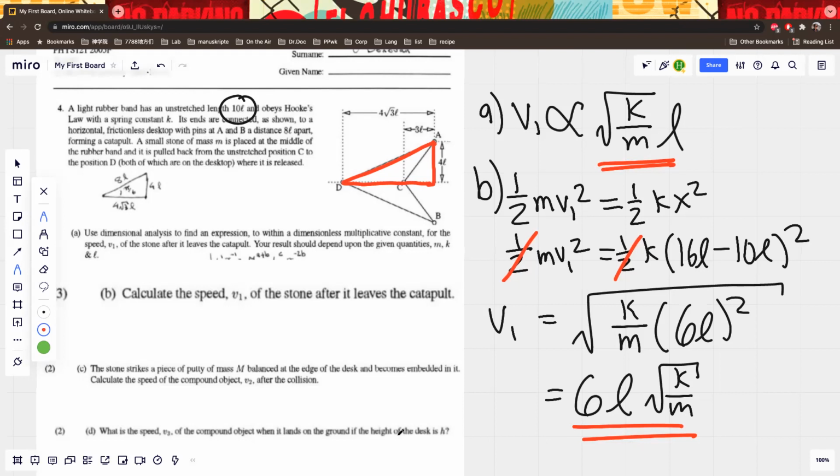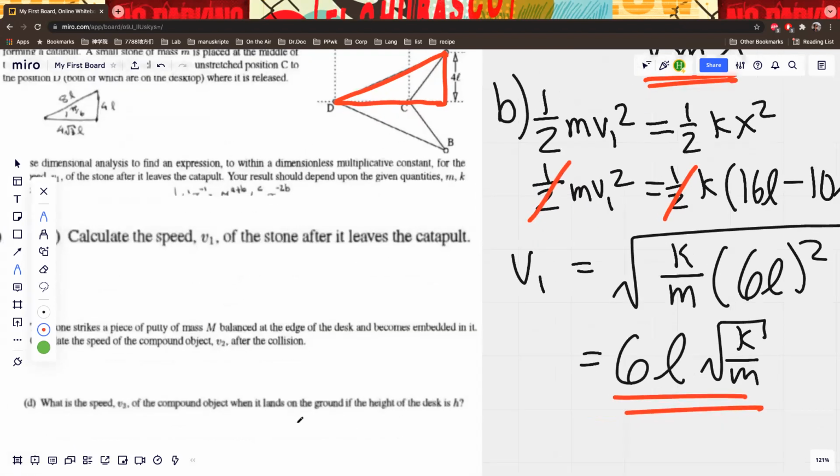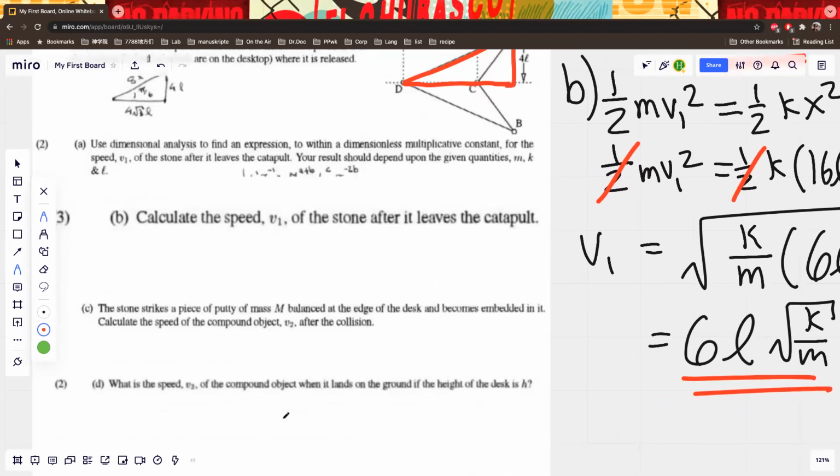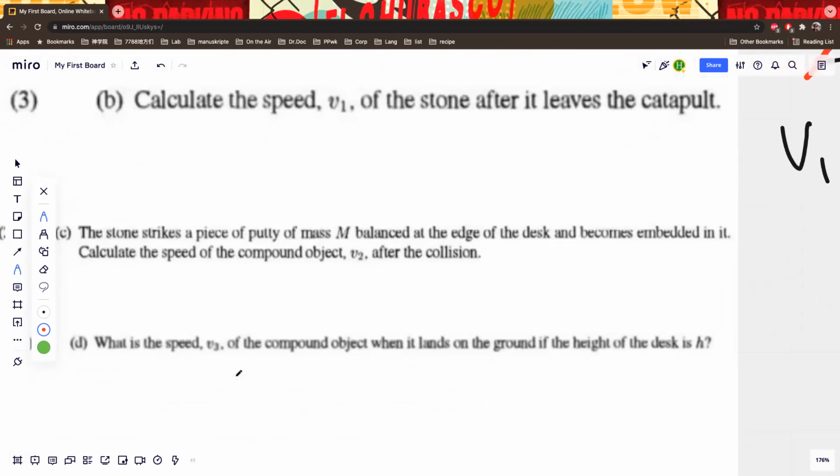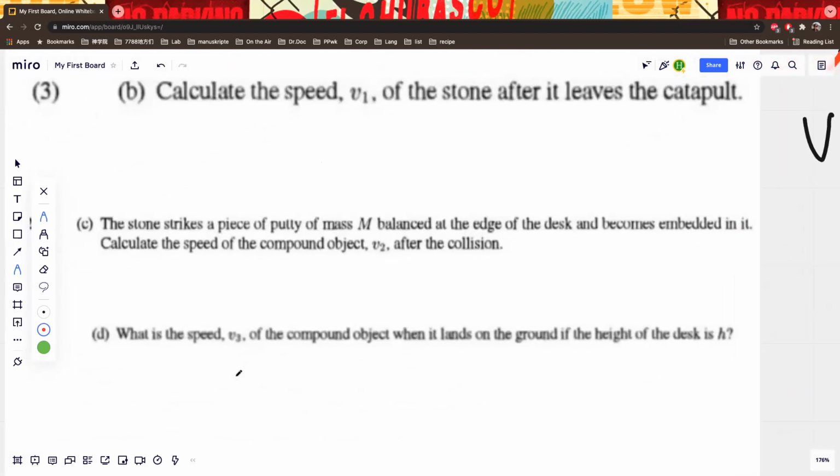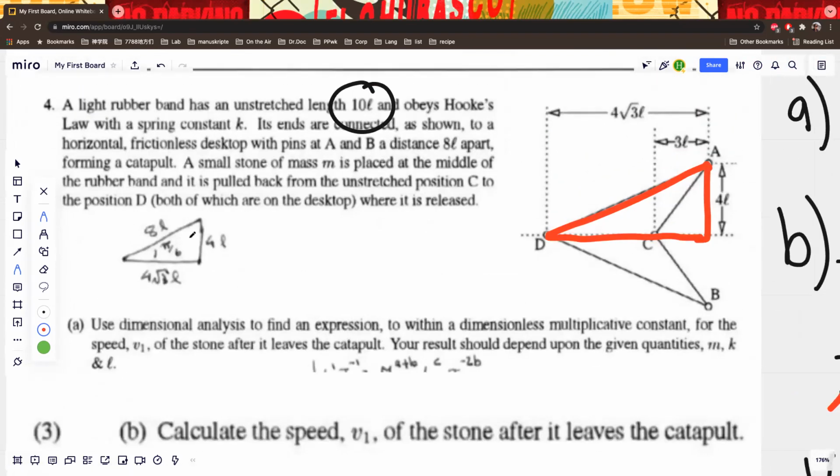Okay, so now let's look at part C. Part C says that this is an inelastic collision now. There was a stone of mass M here, right? This elastic band is being used as a catapult. So we pull it back and then we release, and this stone is going to go flying.